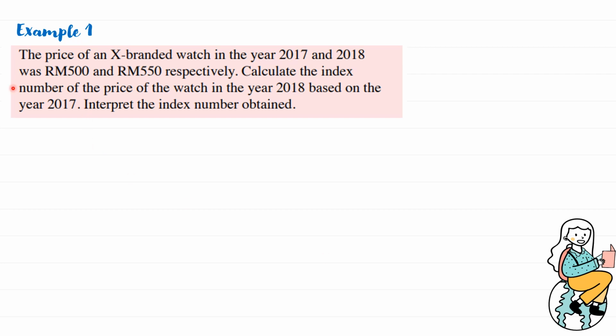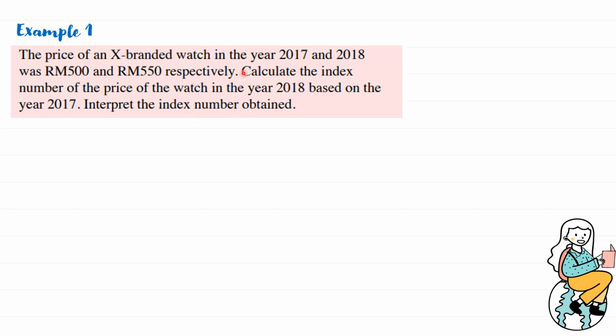Okay, example number 1. The price of an X branded watch in the year 2017 and 2018 was 500 and 550 respectively. Calculate the index number of the price of the watch in the year 2018 based on the year 2017. Interpret the index number obtained.